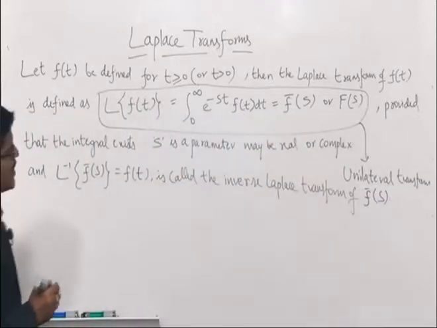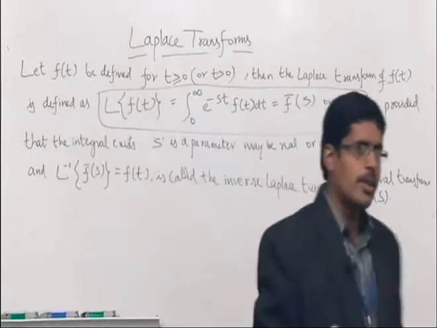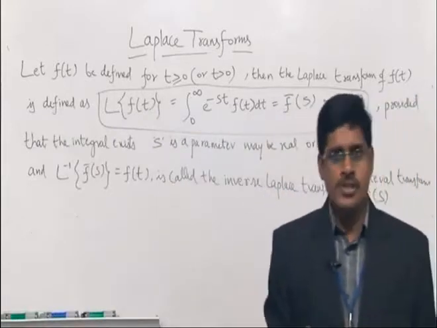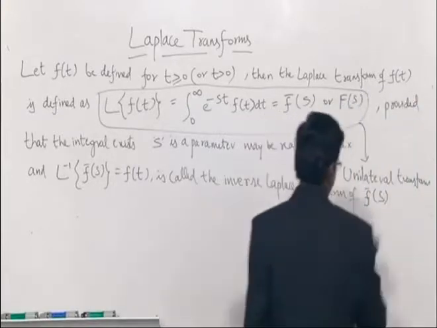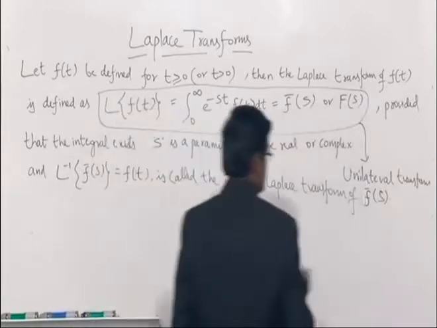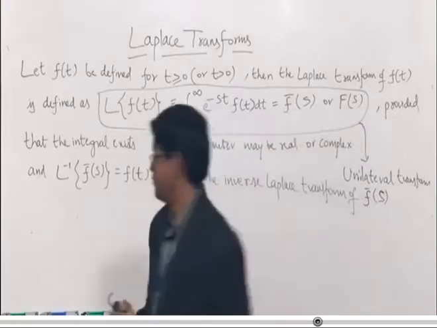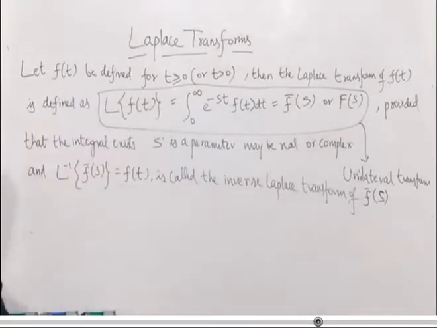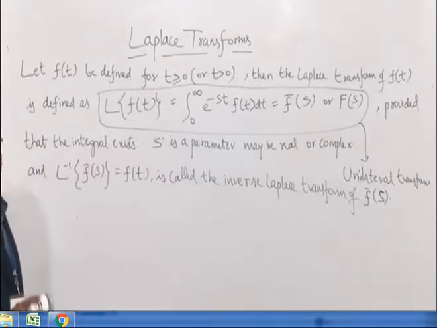So t is the time domain, s is the frequency domain. L is an operator changing the time domain to the frequency domain, and L inverse is an operator changing from the frequency domain to the time domain. L is called the Laplace transform operator, L inverse is called the inverse Laplace transform operator.